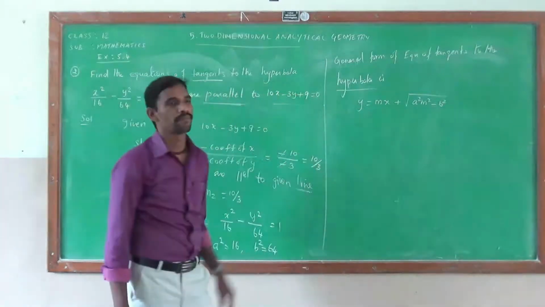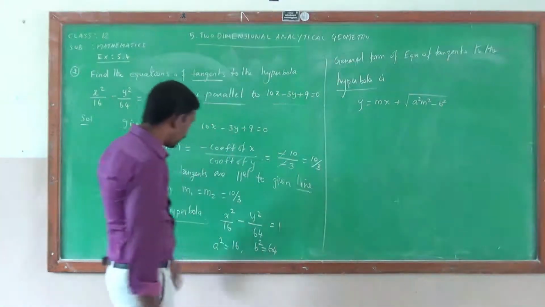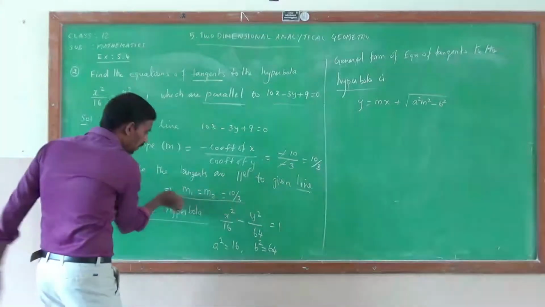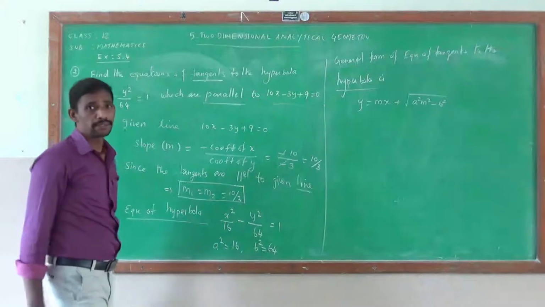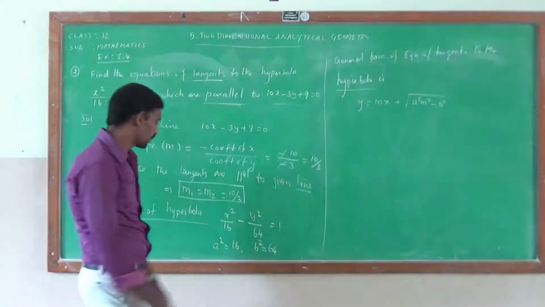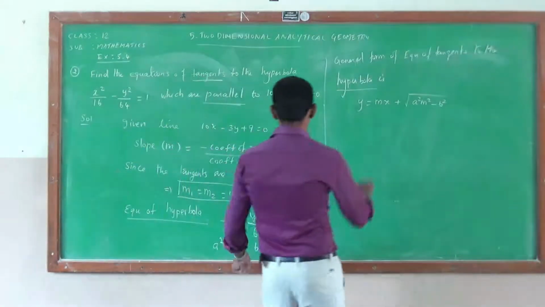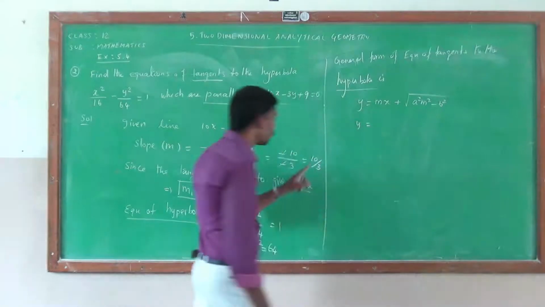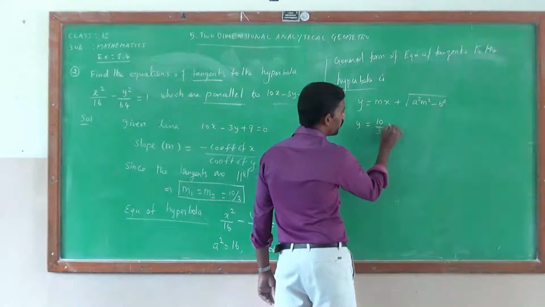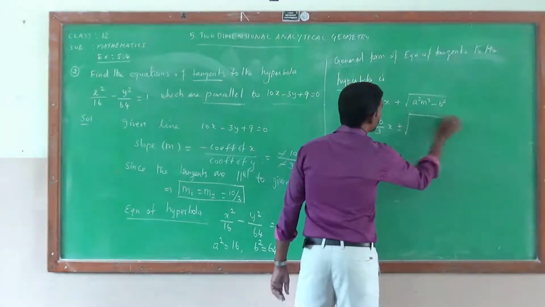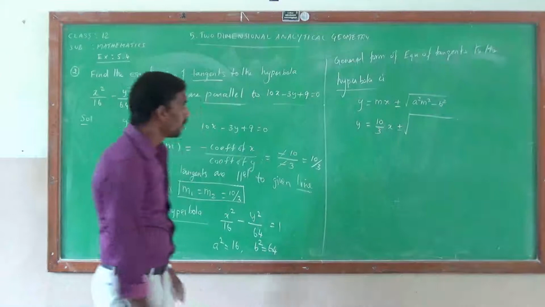This is the condition. Now we have the m value, which is the slope m, and a square and b square. Substituting them, you get the equation of tangent. So now y is equal to 10 divided by 3 into x plus or minus square root of a square m square.